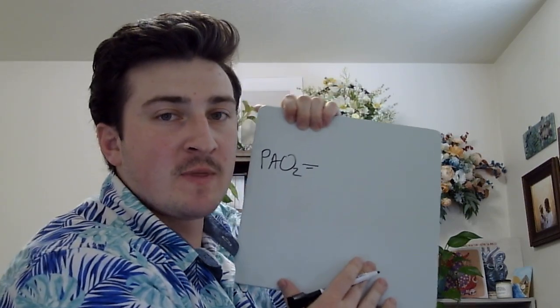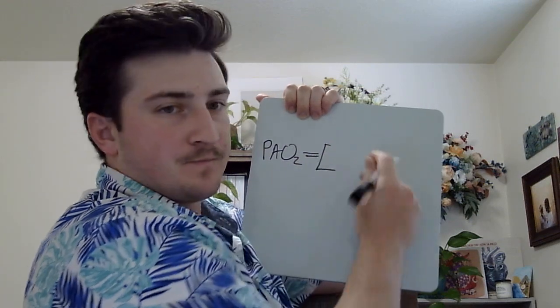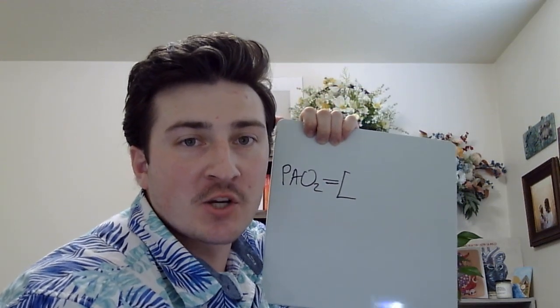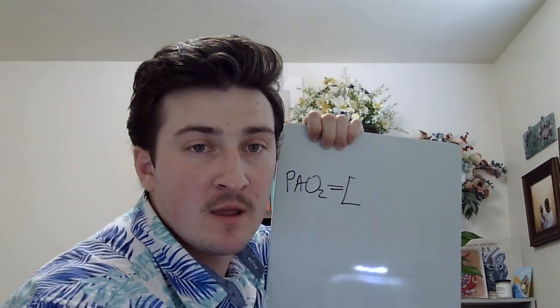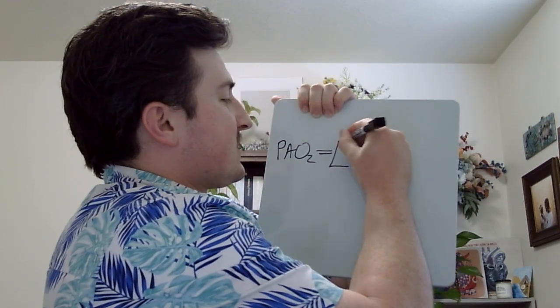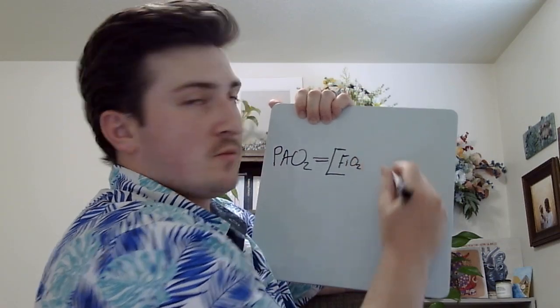And so how we determine that is we have to find first the fractional concentration of how much oxygen we breathed in. So that is going to be expressed as fractional inspired O2, FiO2.